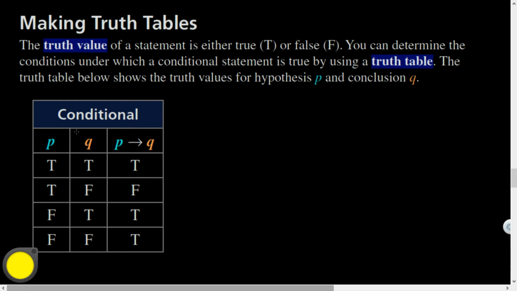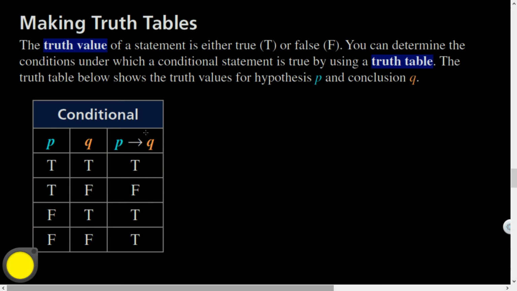So consider two statements, hypothesis and conclusion. There are four possible ways that those statements can relate. I could have both of them being true. I could have the first one being true, the second one false. I could have false true or false false, right? Those are four ways that I could have two statements and their truth values.